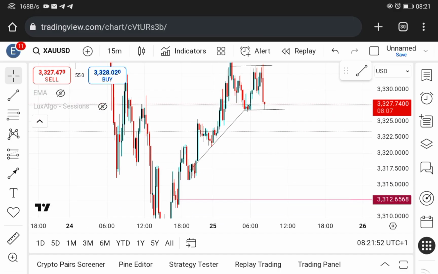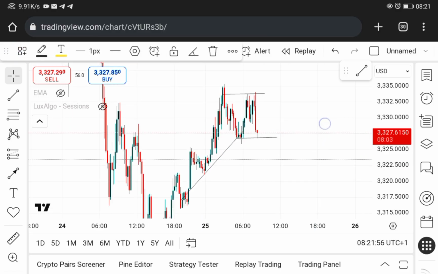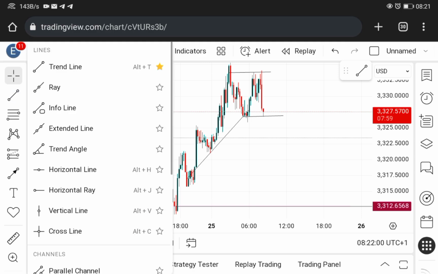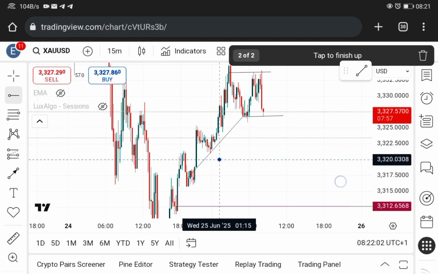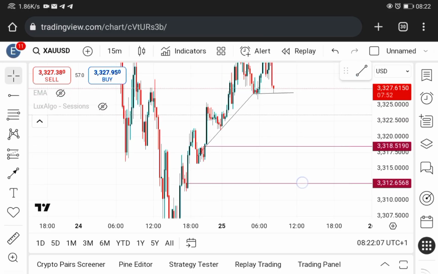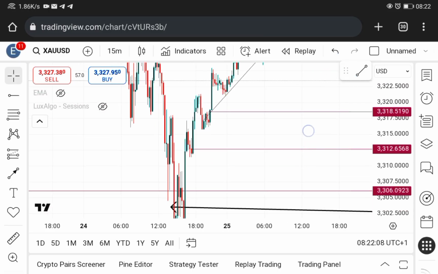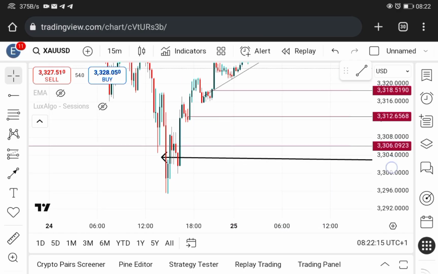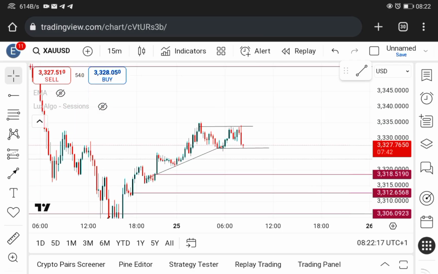So if this market takes out this low, it will come back to either this very low here, or this very one, which I was expecting to take a buy from, but the market didn't give me that entry.